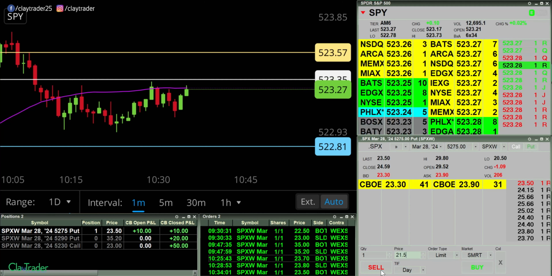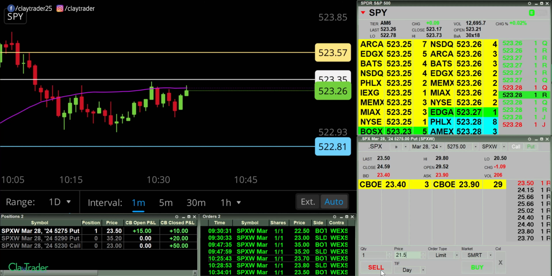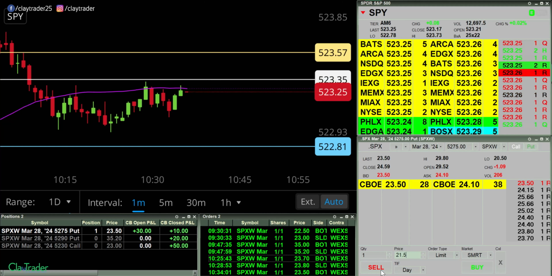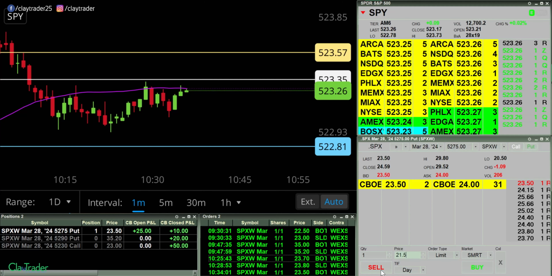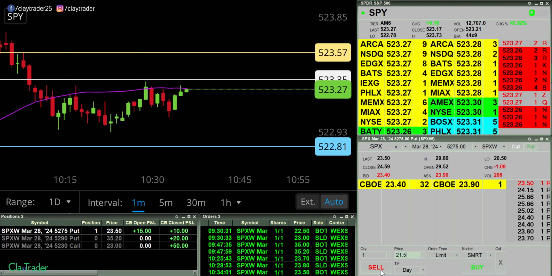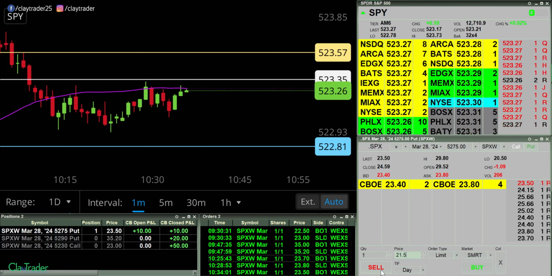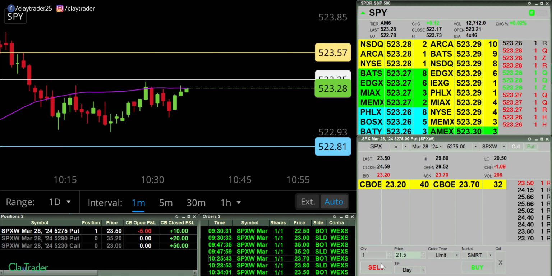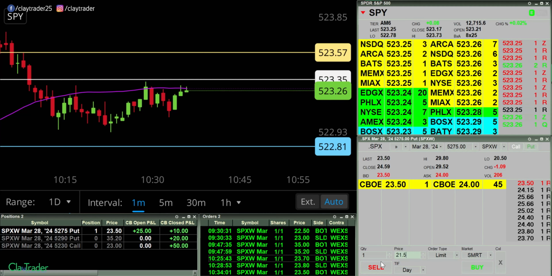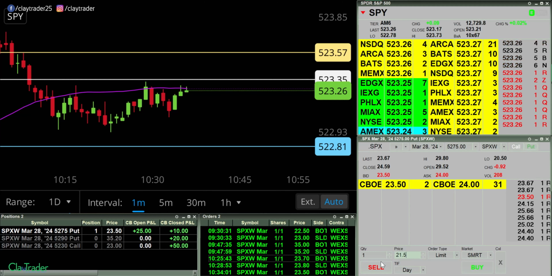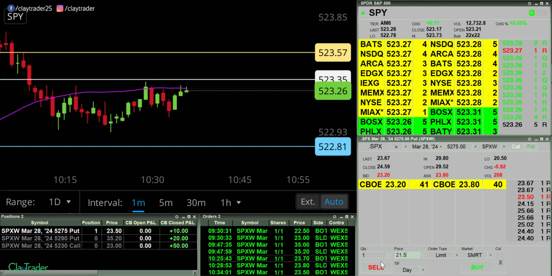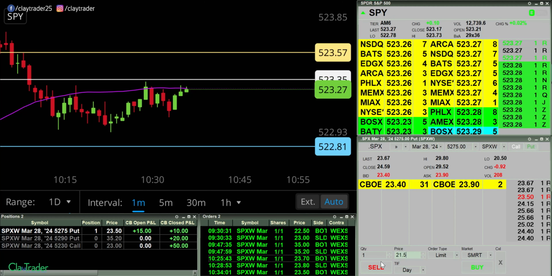So looking for this thing to roll back over here. All right, I'm going to go ahead and pause, and I'll keep you updated on how this thing goes. That white line is my stop.